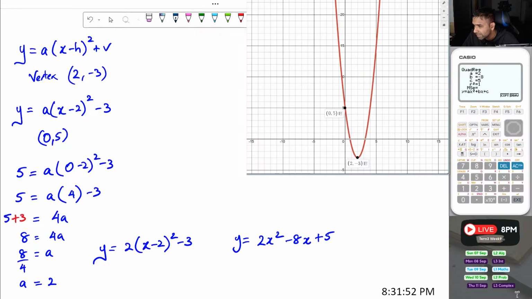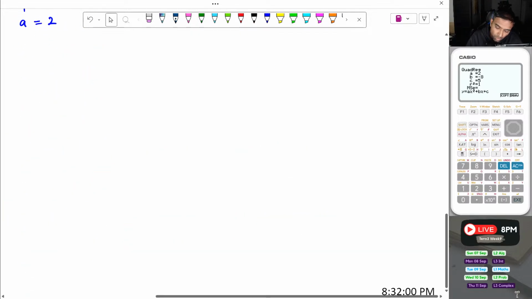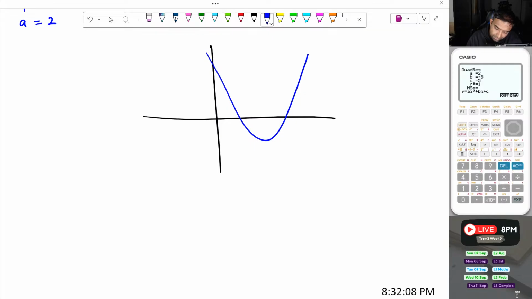All right, so let's actually try a crazy one then. I'll draw it up for you guys so you can see what to do. What if they give you a question like this, and they say, write the equation in vertex form.